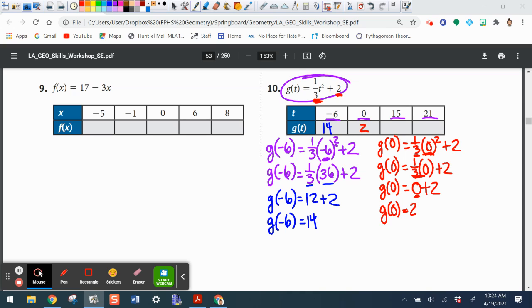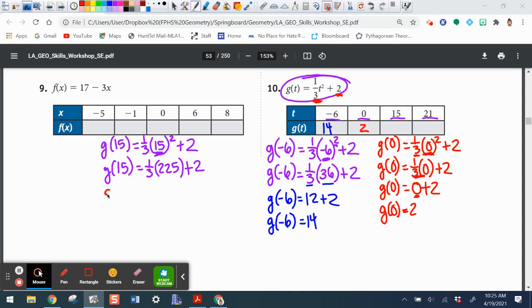Moving right along, probably should do a little erasing here. I'll just work on this side actually. So 15. So g of 15 is equal to 1/3 times 15 squared plus 2. Don't forget, we need to square that 15 first. We will get 225, I believe. Next, we need to take 1/3 of 225, or 225 divided by 3.